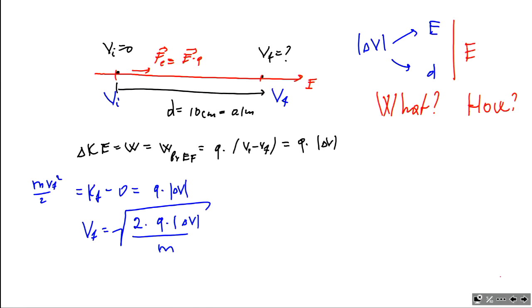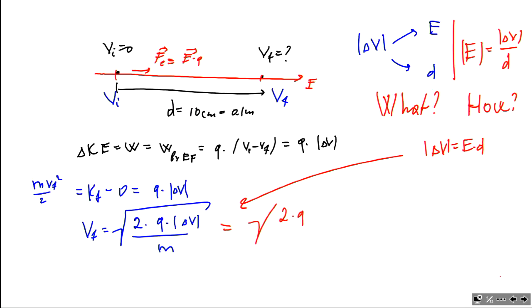An equation says the magnitude of the strength of the electric field equals the ratio. But in this case, you just have to use it backwards. Yeah. We can solve it for the potential difference, and that gives the equation for the final speed.